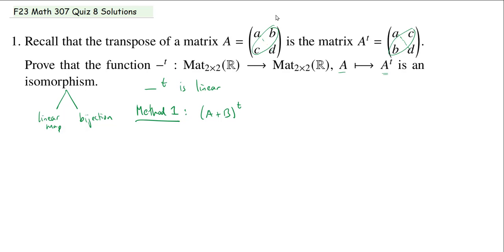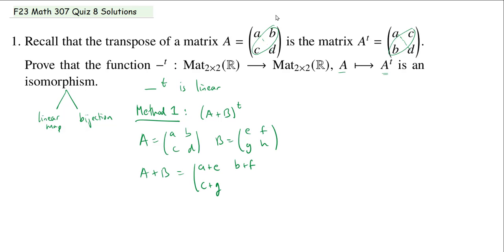I guess I need to have a B, so we'll just copy our A. It's going to be A, B, C, D, and then B, maybe this will be E, F, G, H. Okay, so if I compute A plus B, you do addition component-wise, so this will be A plus E, B plus F, C plus G, and D plus H.